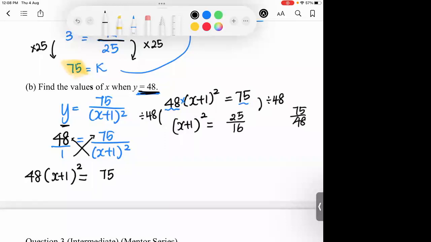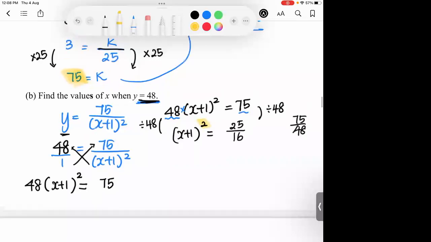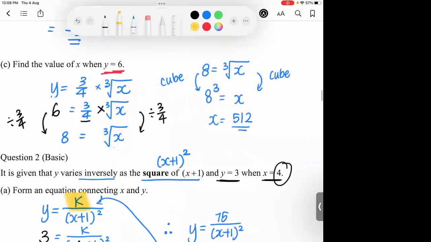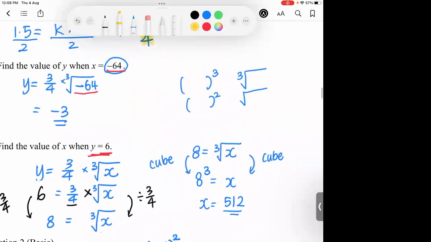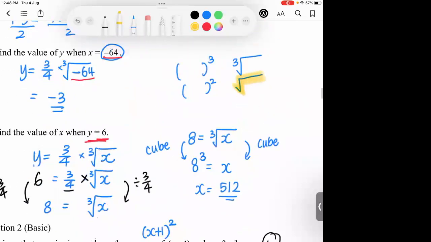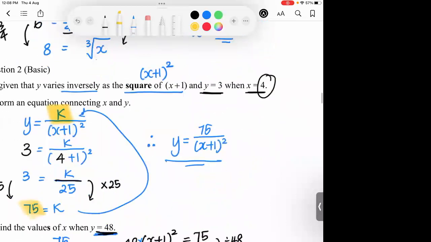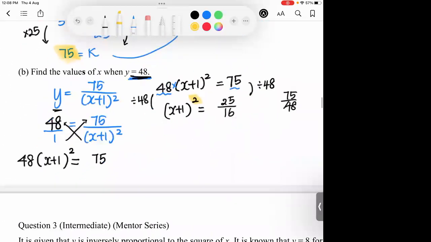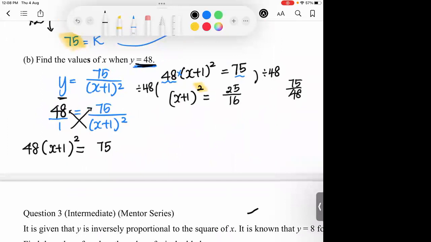Then next step, I don't want the square. What did we say is the opposite of square? The opposite of square is to do square root, right? So I'm going to get rid of square. I'm going to take square root. When I get rid of square, there's no more square, it's just x plus 1. So I will have square root of 25 over 16.